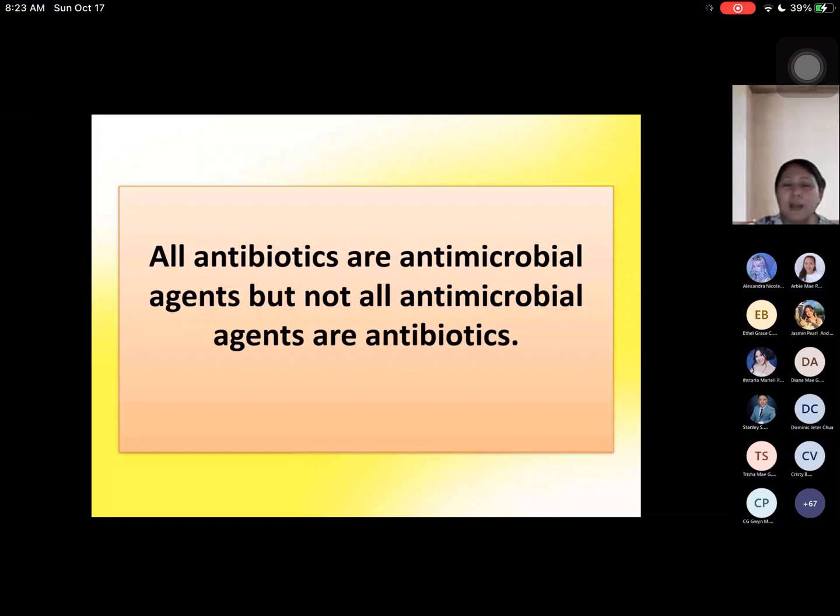All antibiotics are antimicrobial agents, but not all antimicrobial agents are antibiotics, because antibiotics are the drugs produced by certain microorganisms. Others are produced chemically.